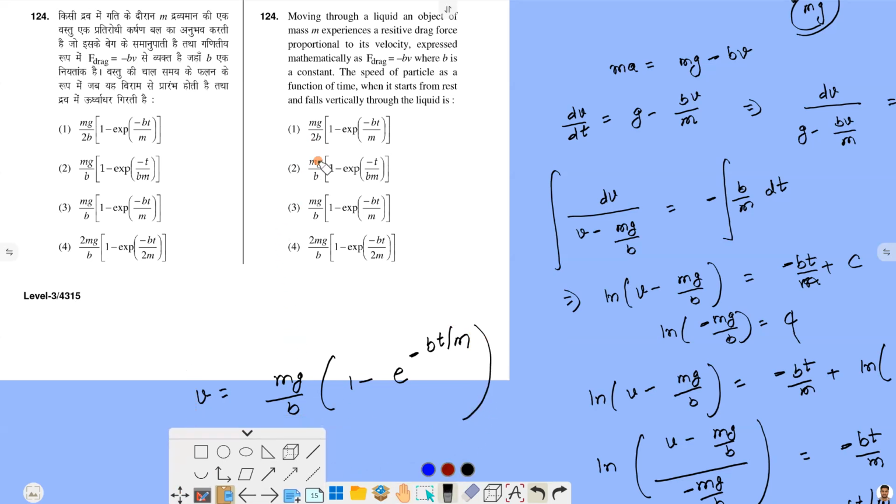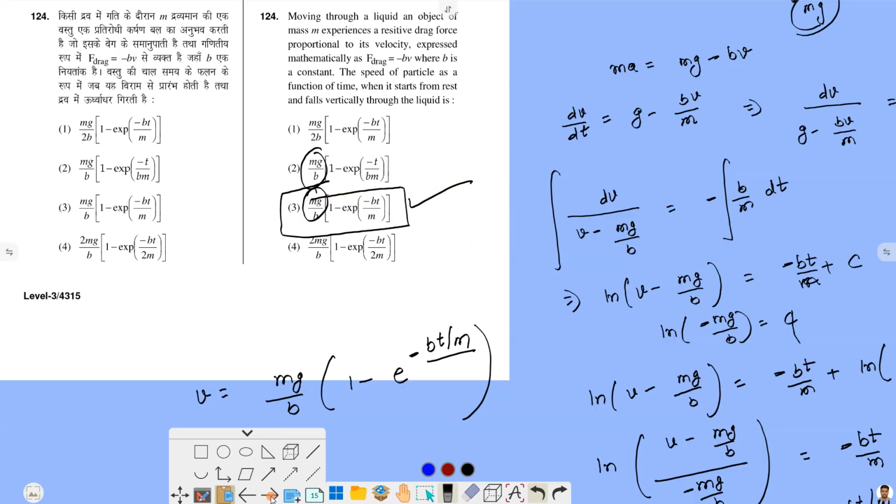So here I have mg by b and 1 minus e raised to power minus bt by m. So we can say our third option is matching here. So option 3 will be the right answer.